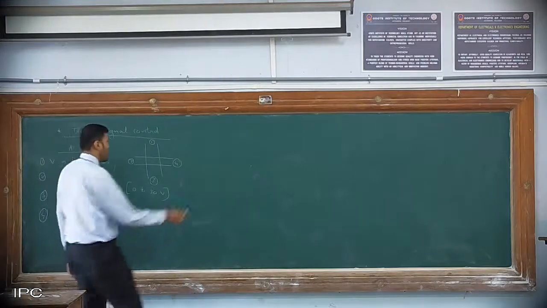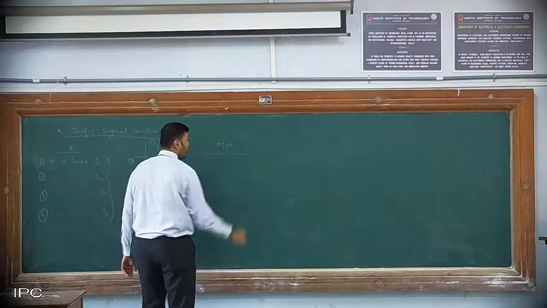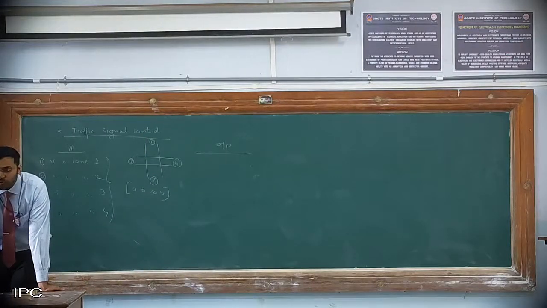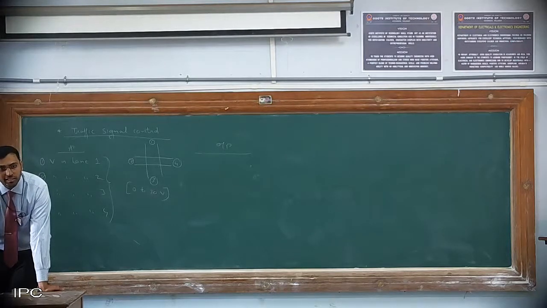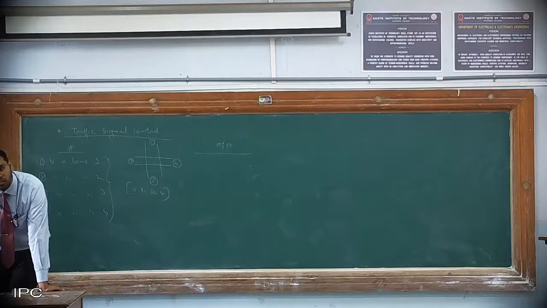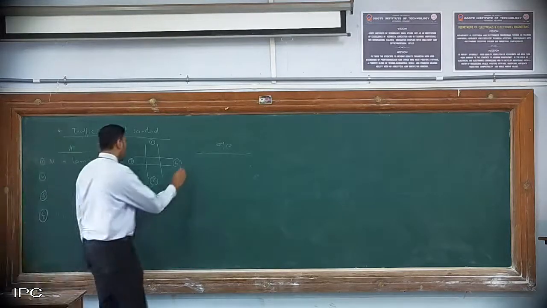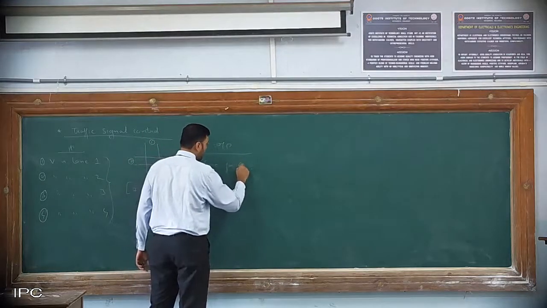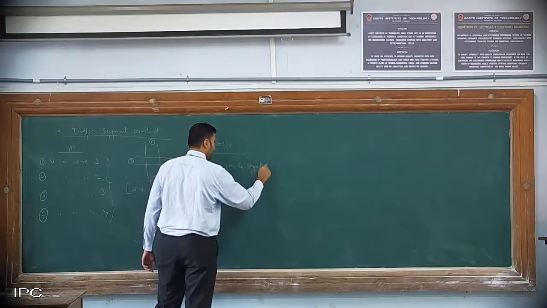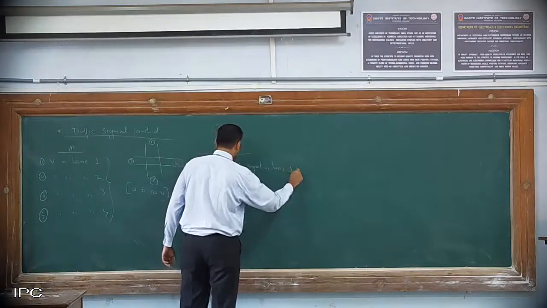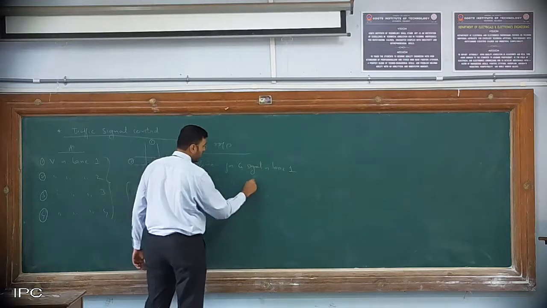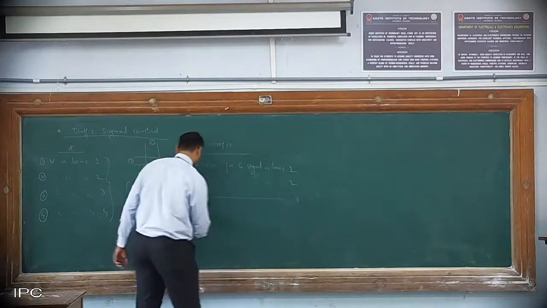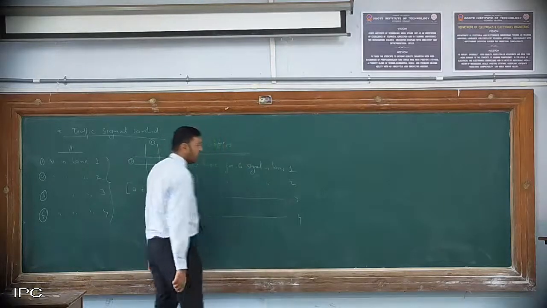Next, output. What should be the output? Yes. Time for green signal for lane 1, green signal for lane 2, green signal for lane 3, and green signal for lane 4. So output is nothing but time for lane 1, time for lane 2, time for lane 3, time for lane 4.